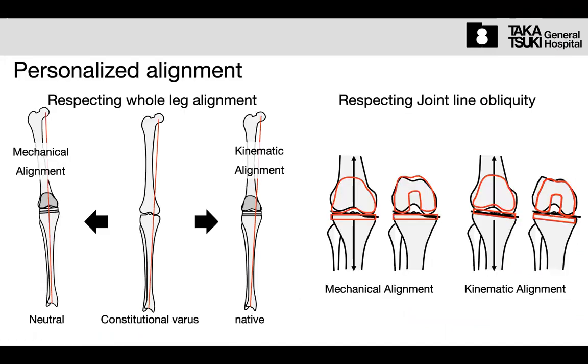Okay, this is a summary of the alignment options of total knee arthroplasty. There are two main concepts. The first is mechanical alignment. This is a very classical alignment technique, with a straight leg, perpendicular placement of the components, and equal gaps in flexion and extension.